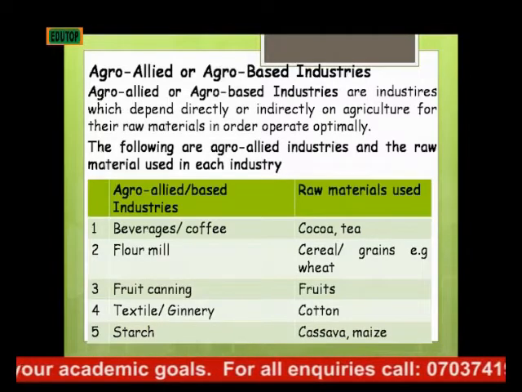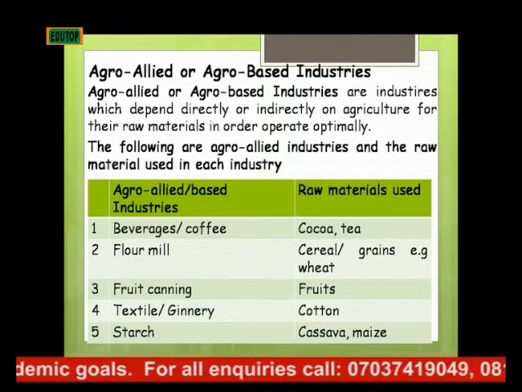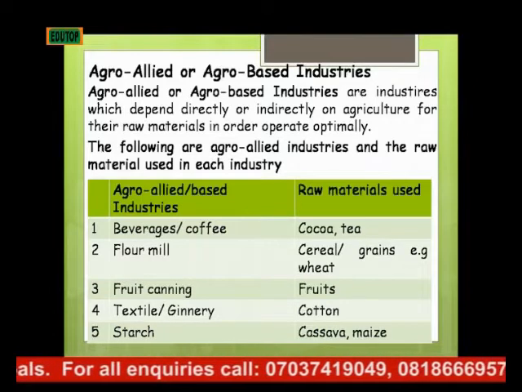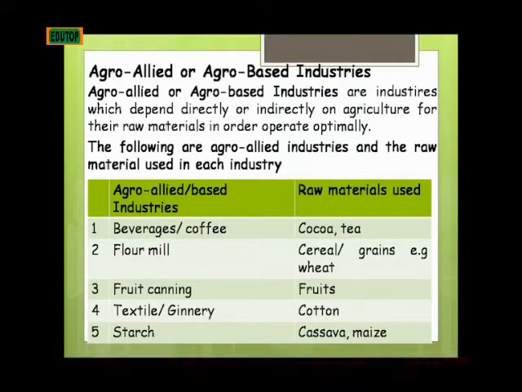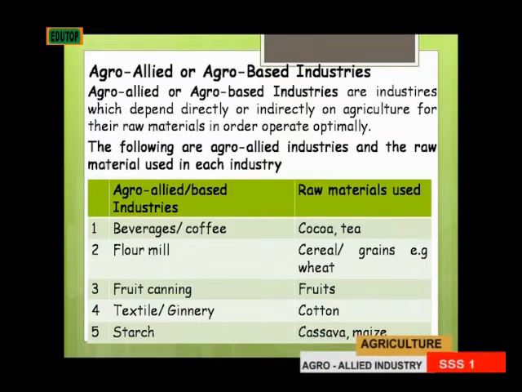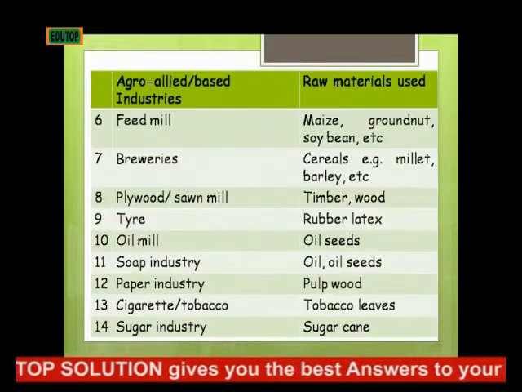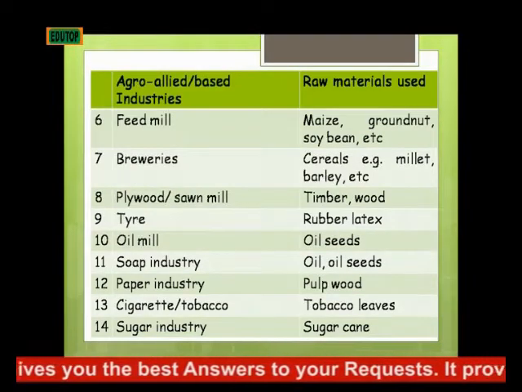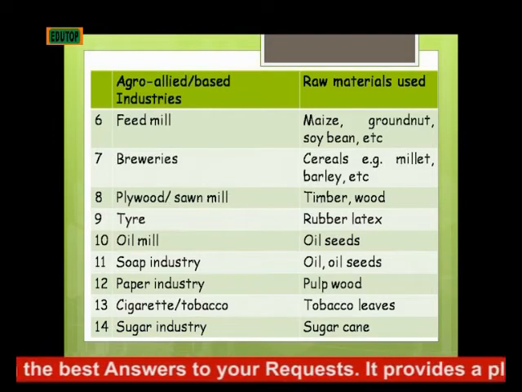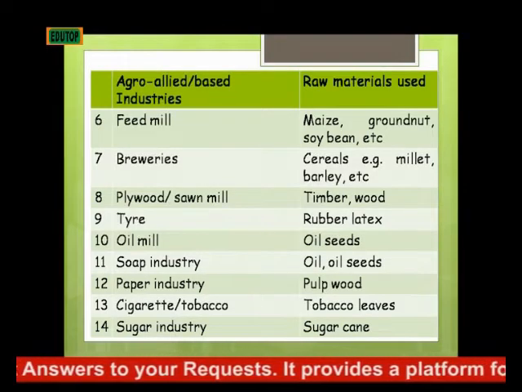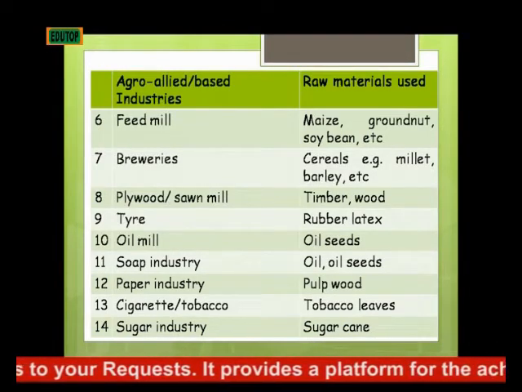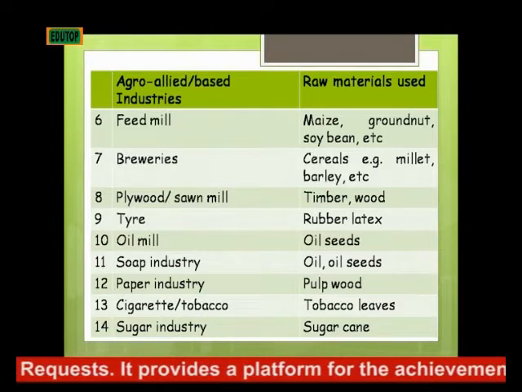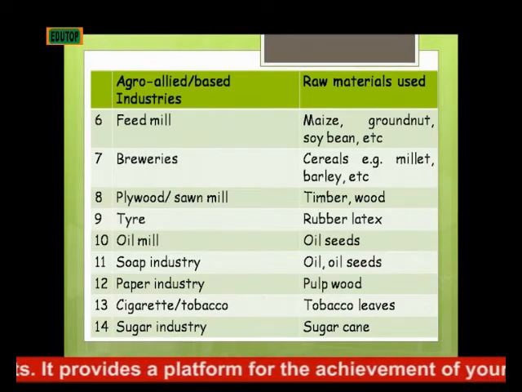Then the fourth, which is the textile and joinery industry, makes use of cotton. And then the starch industry makes use of cassava and maize as their raw material. Then the feed mill industry makes use of maize, groundnut, soybean, and so on as their raw material. The breweries make use of cereals such as millet, barley, and so on as their raw material.